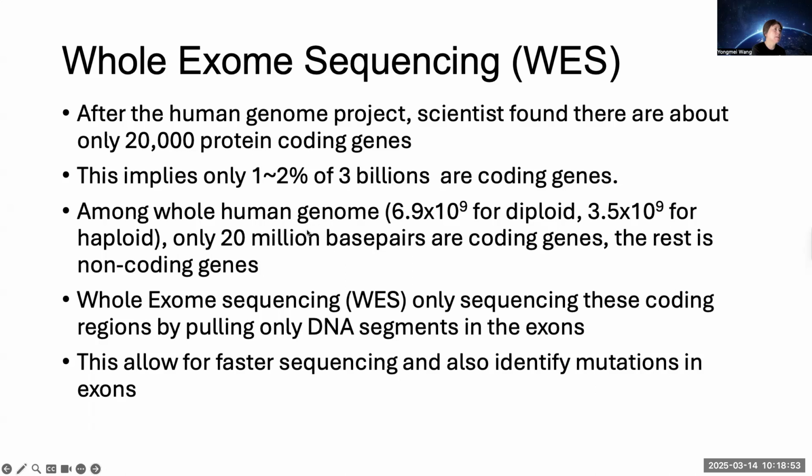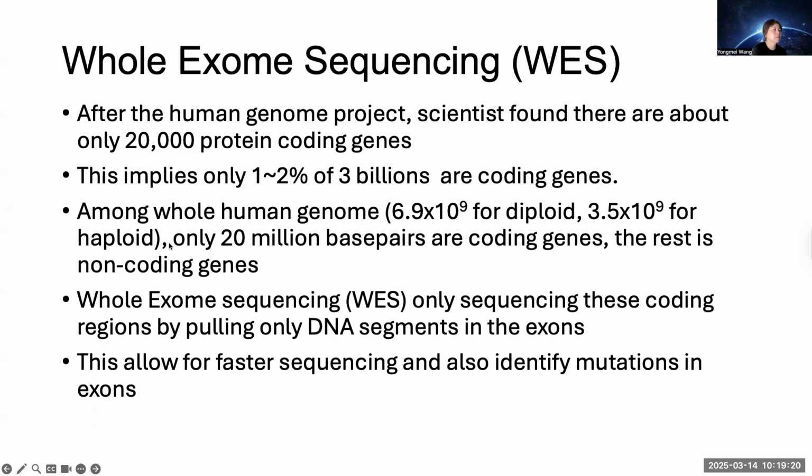Okay, so for research purposes, instead of sequencing all of the 6 billion or 3 billion base pairs, we can focus on only 20 million base pairs that are associated with about 20,000 protein coding genes. And you don't have to sequence everything, right? And so the rest is the so-called non-coding gene.